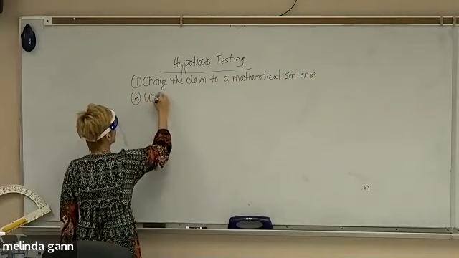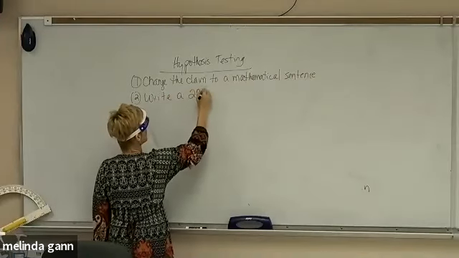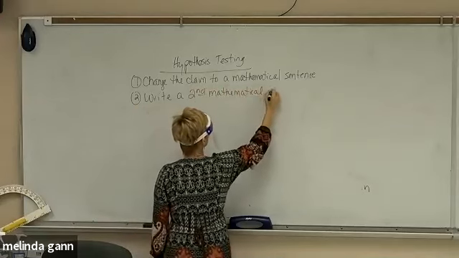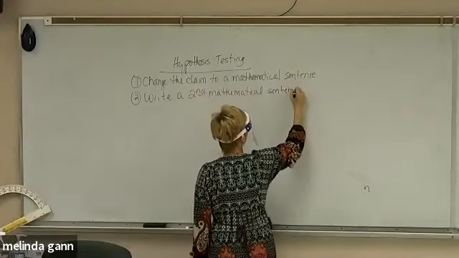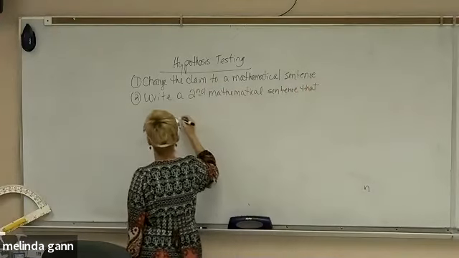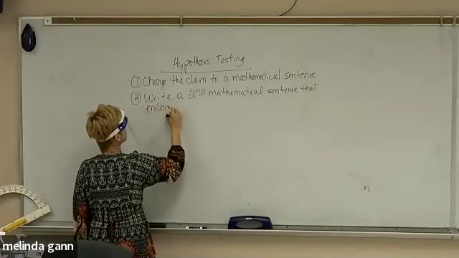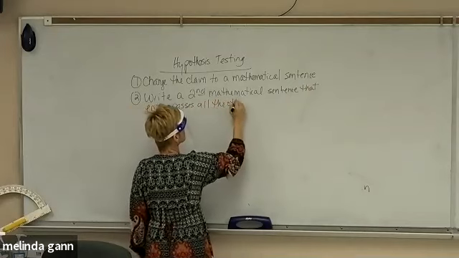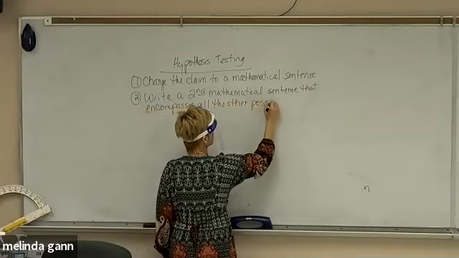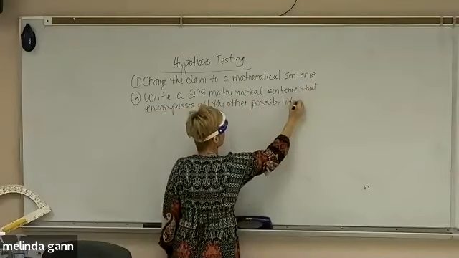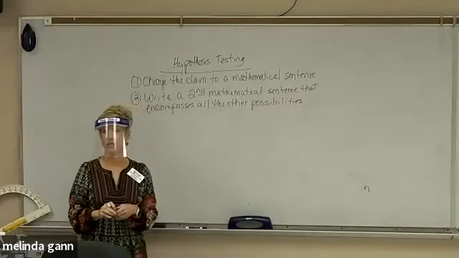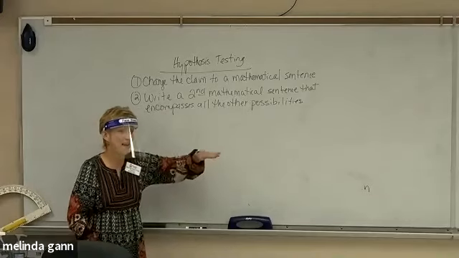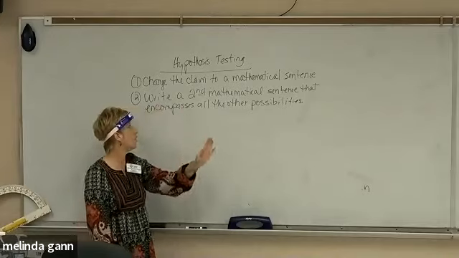Then you're going to write a second mathematical sentence that encompasses all the other possibilities. So the first thing you're going to do is take an English sentence and change it to a mathematical sentence. And then the next thing you're going to do is write a second mathematical sentence that encompasses all the other possibilities.